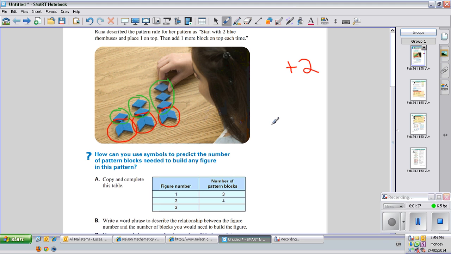If you create a chart for figure number and the number of pattern blocks, I'll put F number as figure number, and then I'll put blocks as the changing blocks per picture.